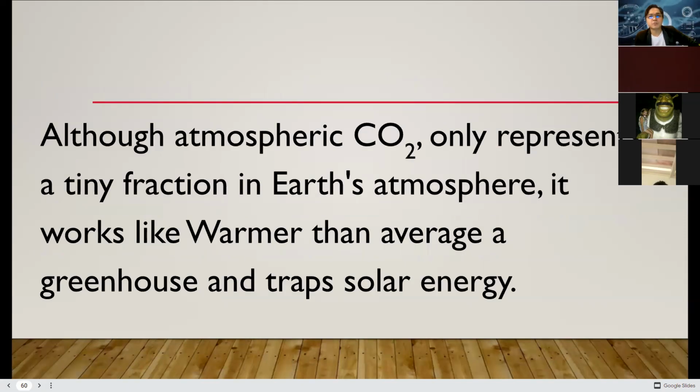Although atmospheric CO2 only represents a tiny fraction of Earth's atmosphere, it works like a warmer because it is considered a greenhouse gas that traps solar energy. Take note, again, CO2 needs to be converted into carbon and oxygen in the light independent reaction.